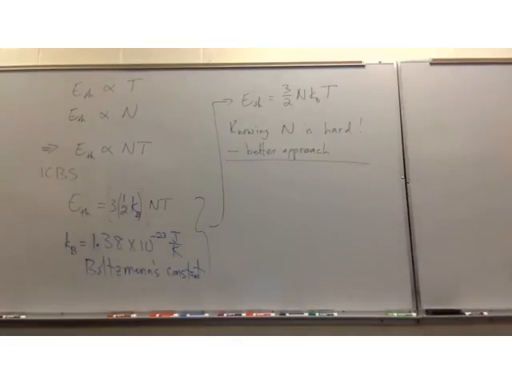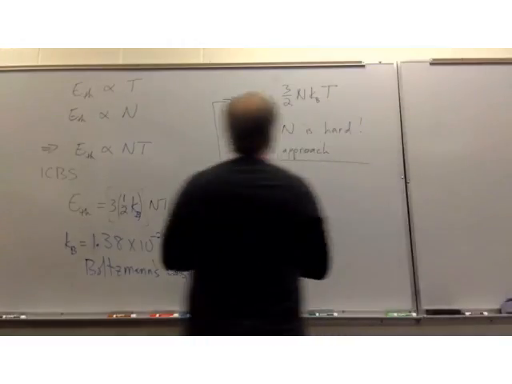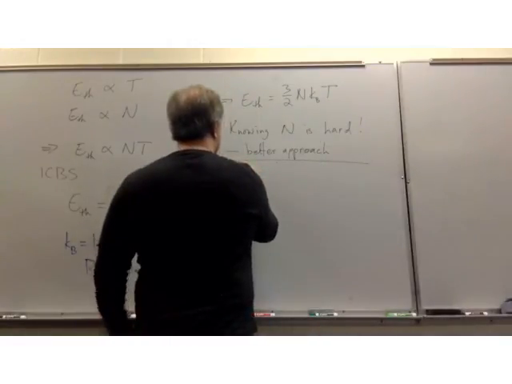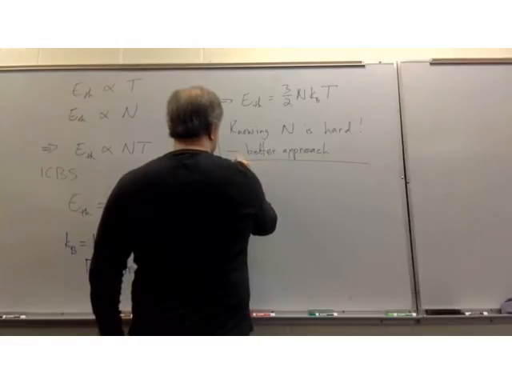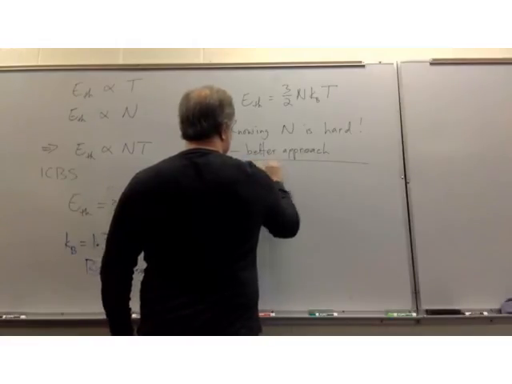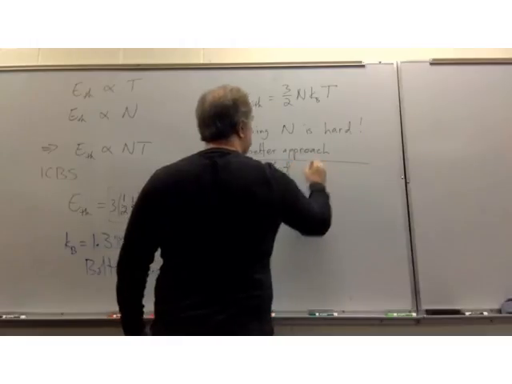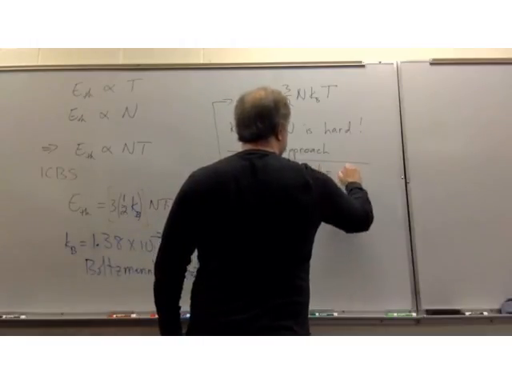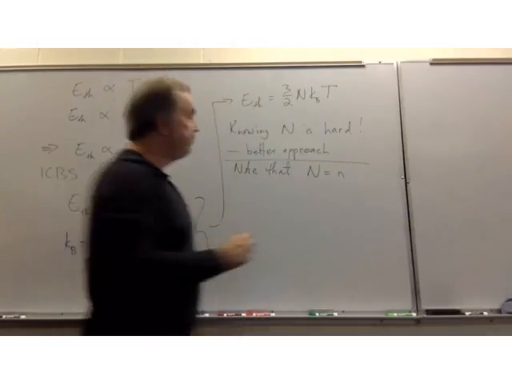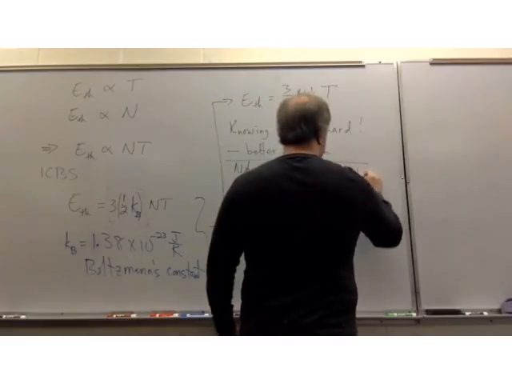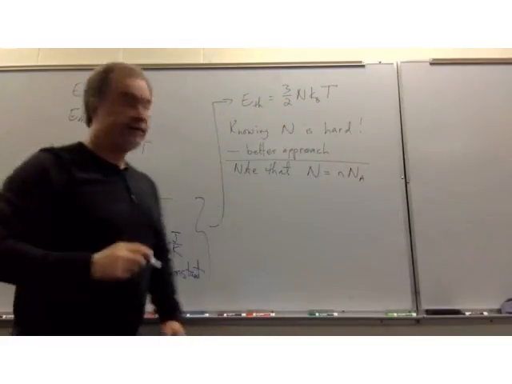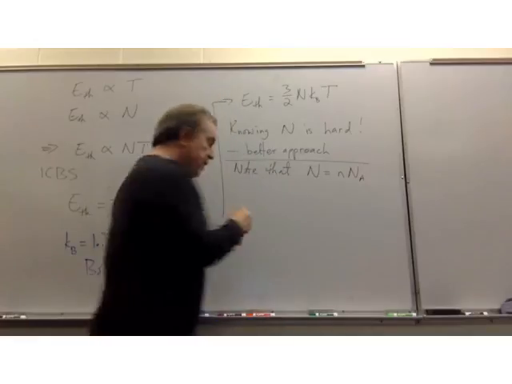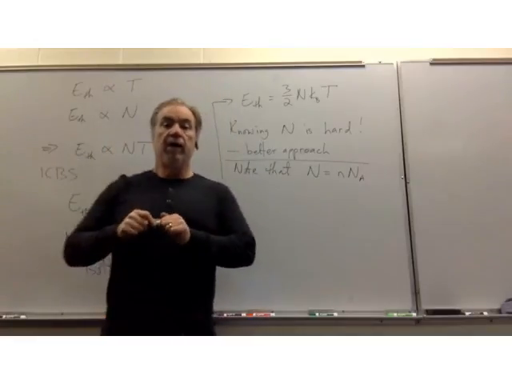I just pointed out that we can calculate the number of particles by multiplying the number of moles of the substance that we have times Avogadro's constant, which, by the way, I don't want to conceal anything from you.